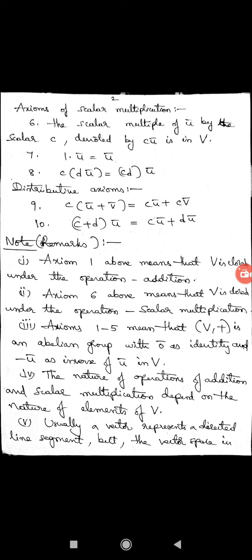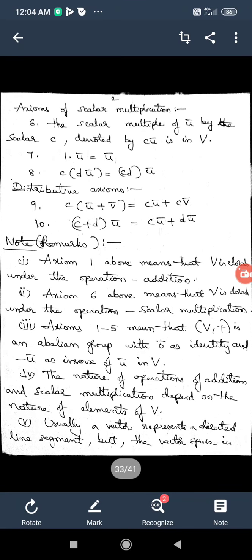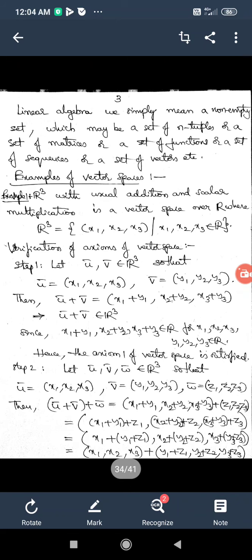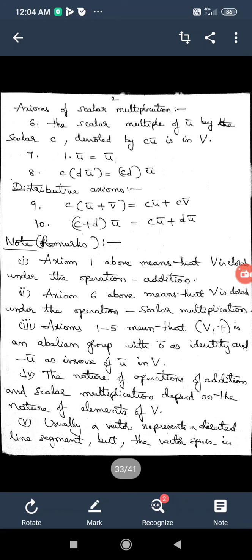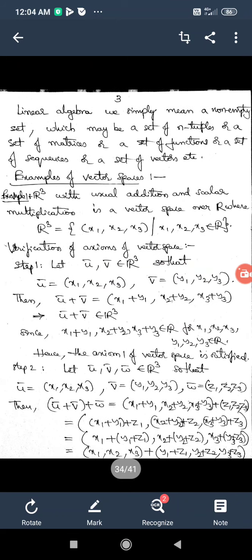Now the fifth note point says that usually a vector represents a directed line segment. Usually the definition of vector always means a directed line segment, a part of a line which has some direction. But now in the vector space, we don't mean by a vector a line segment always.